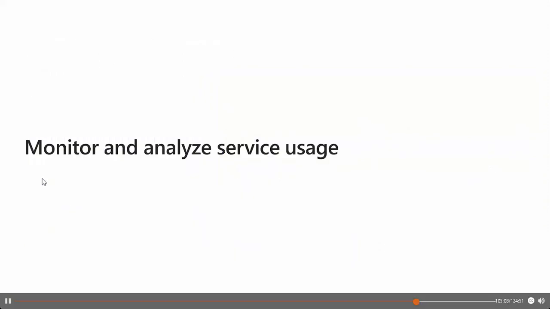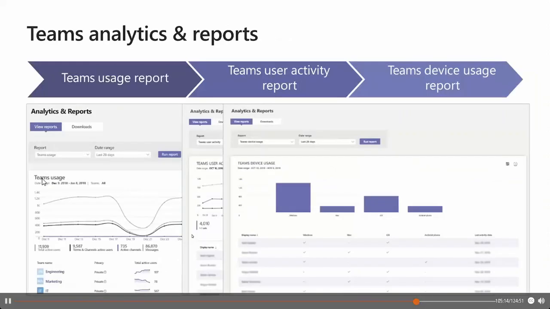In the next section we will monitor and analyze the service usage of our Microsoft Teams environment. In order to access the Teams usage reports, we need to have one of the following roles assigned: the Office 365 Global Admin, the Teams Service Admin, the Teams Communications Admin, or the Skype for Business Admin.